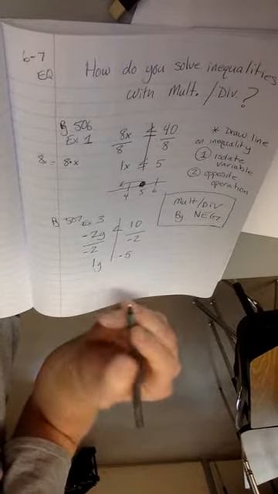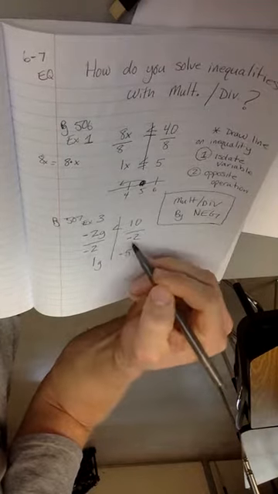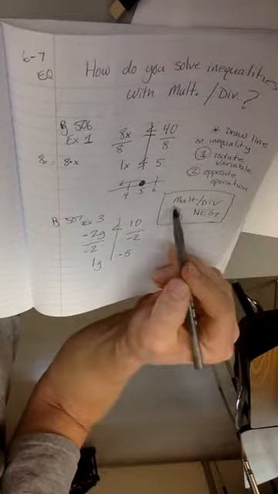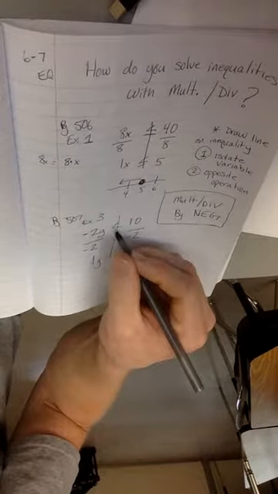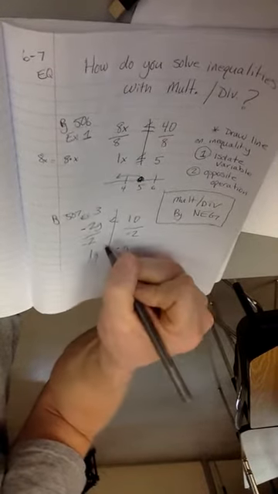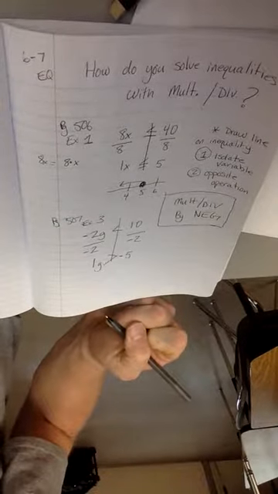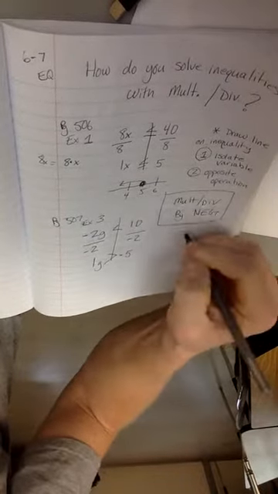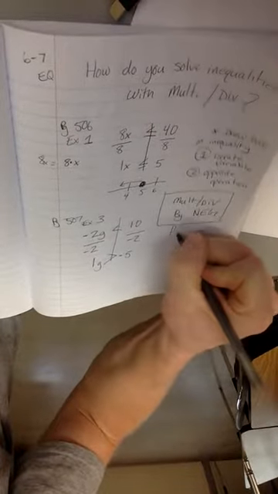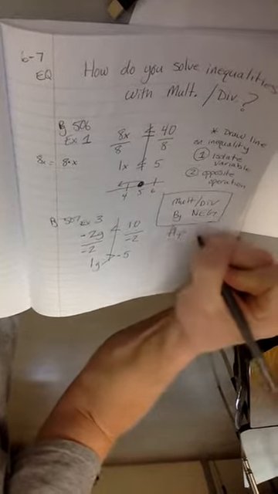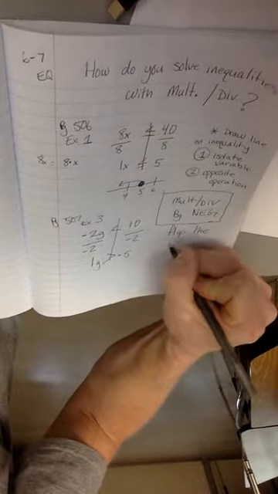This is the change. Since we divided by a negative, or even if you multiply by a negative, we're going to flip this sign. So now this is 1g is greater than a negative 5. So remember that over here. Multiply, divide by a negative, flip the inequality.